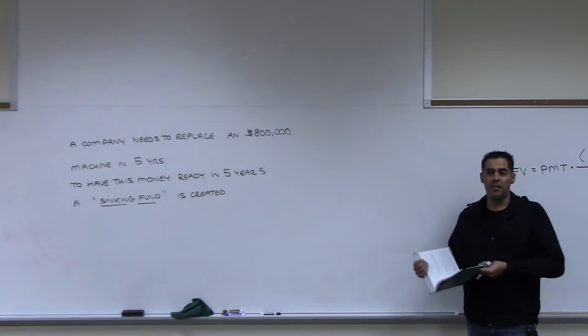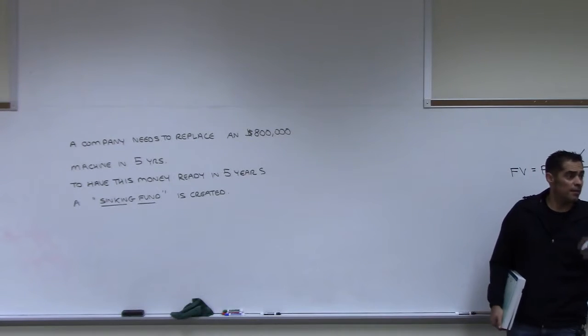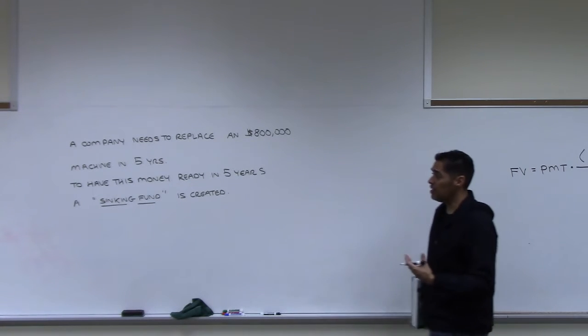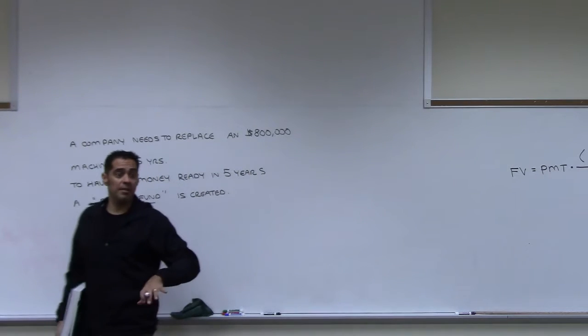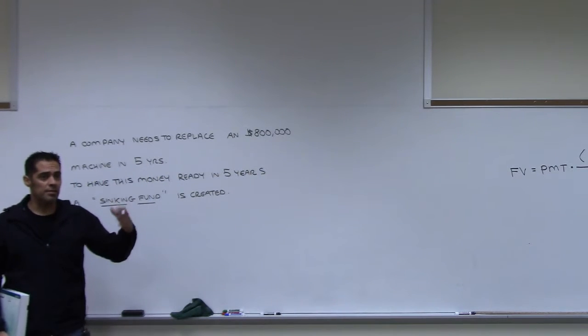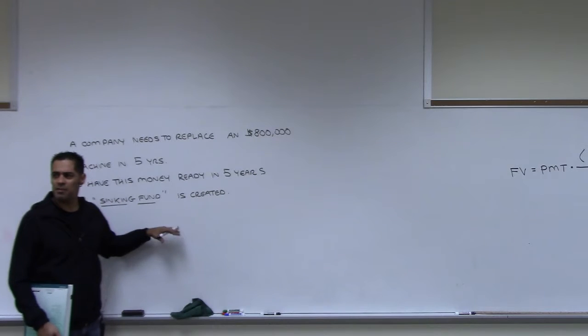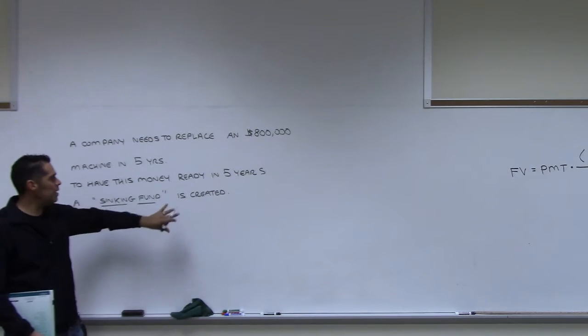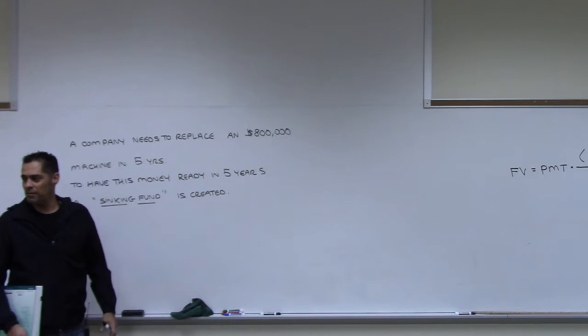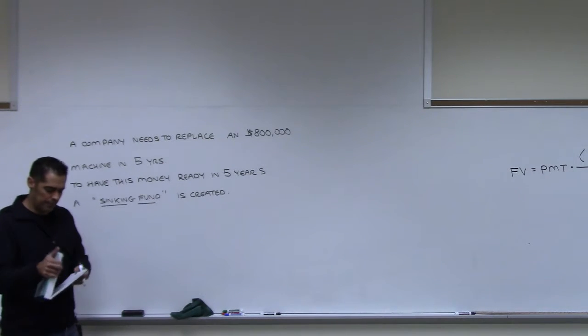Now, there's a definition for what a sinking fund is. It's basically money that you're saving up that's going to be spent, okay? It's going to be used for something, so it's already spent. It's a fund that's going to, when it reaches its maturity point at 5 years, it's gone, right? Because you're going to use it right away.